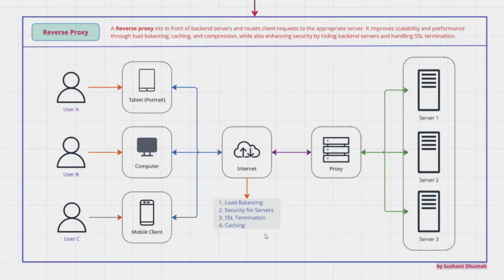Here we can also use caching and compression to improve performance. Whatever response we get from the server will be cached at the proxy level, and the proxy will respond to requests that are more frequent. So that can be cached at the proxy level itself, so that the response is sent back from the proxy whenever we receive the same request.